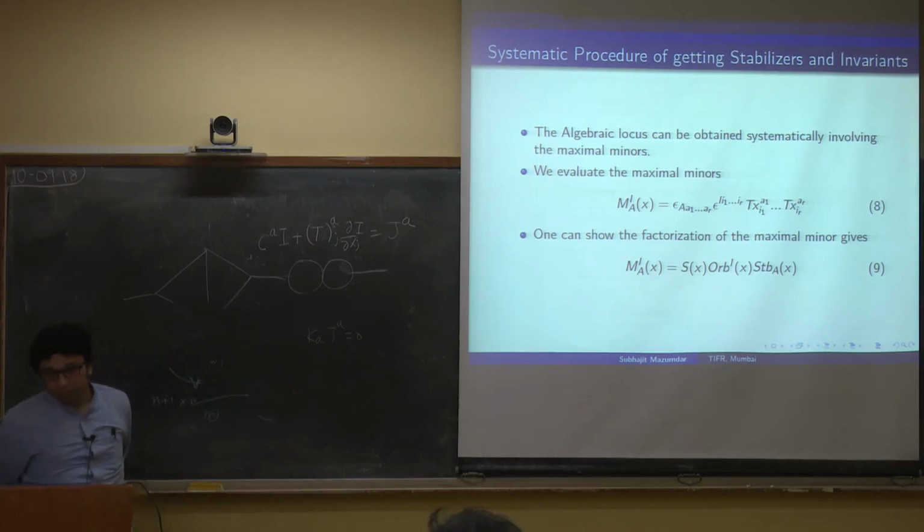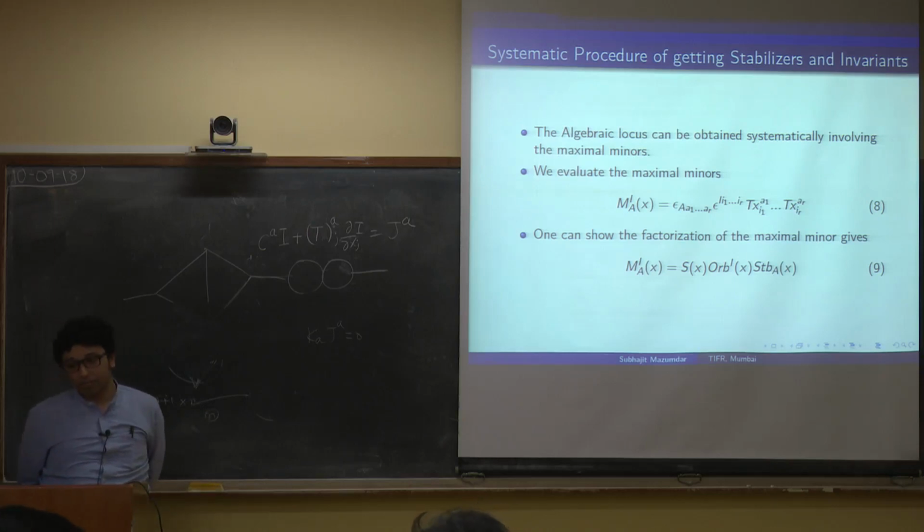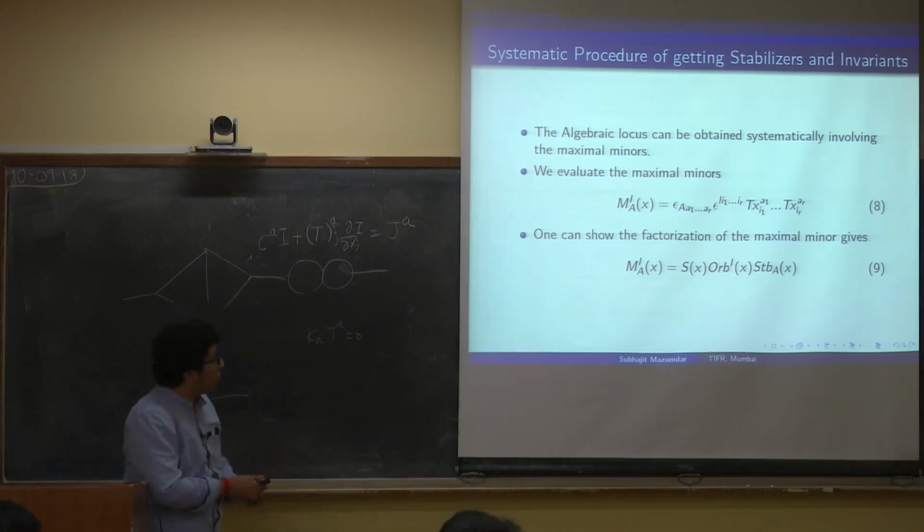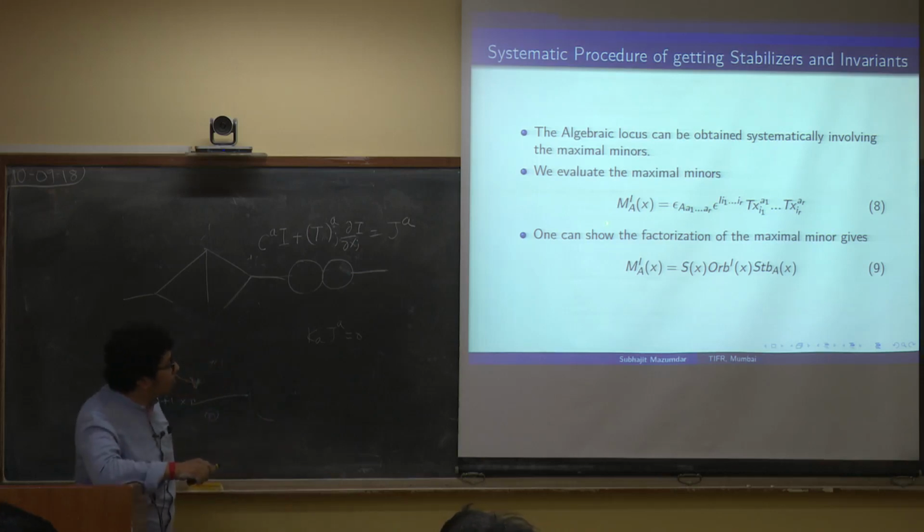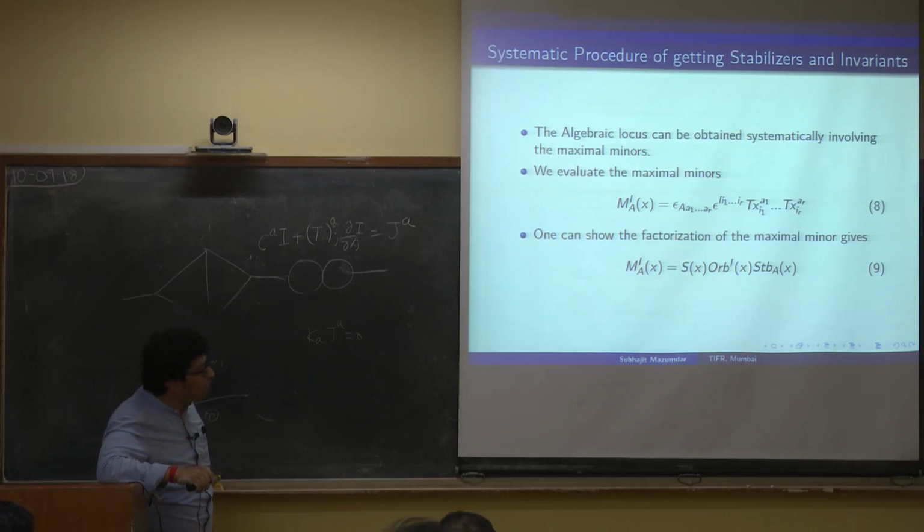Basically, we have this null vector if the number of equations is more than the number of parameters. It can be obtained from the maximal minors, and there is also a factorization of these maximal minors which tells you about the group invariants.